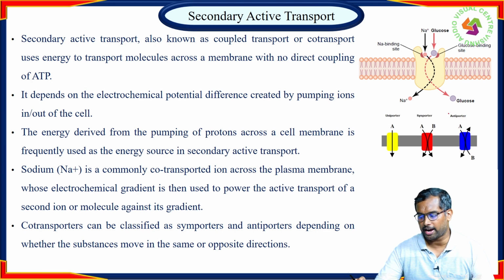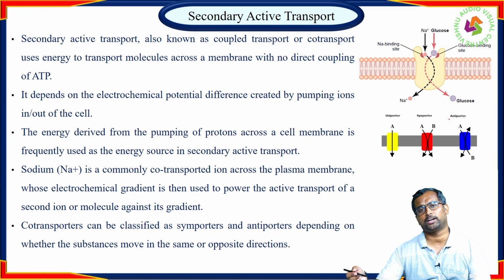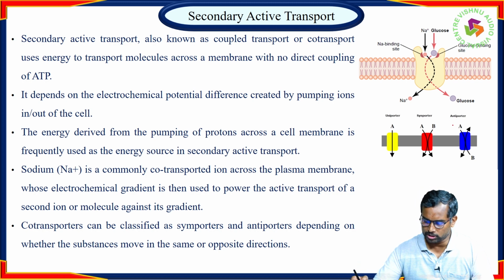Finally, coming to the antiporter, what happens is that when one molecule is pulled from the external to the interior, another molecule has to be pulled from the interior to the exterior, so that the overall balance of the system is maintained as equal. So a uniporter is when only one particle or molecule is pulled. A symporter is when two particles or molecules are pulled together, either from external to interior or from interior to exterior.